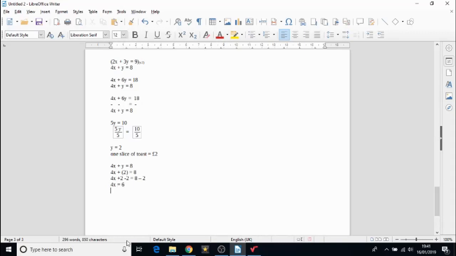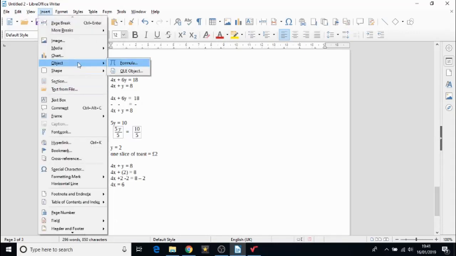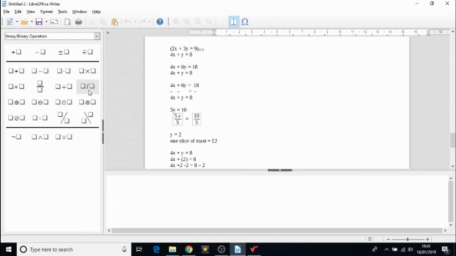But we still want to get x on its own. So we want to divide. We're going to divide 4x by 4. And you know the process. Whatever you do to the left-hand side, I don't need to say it again, you do to the right-hand side. Well, I said it again.